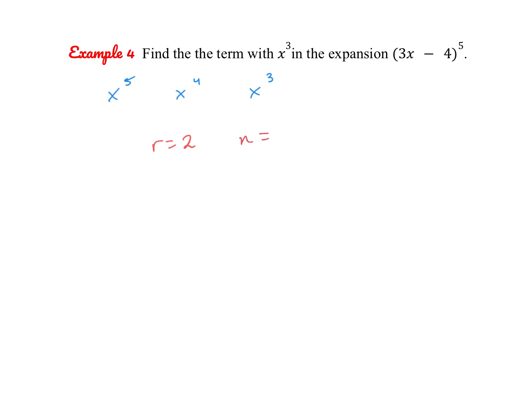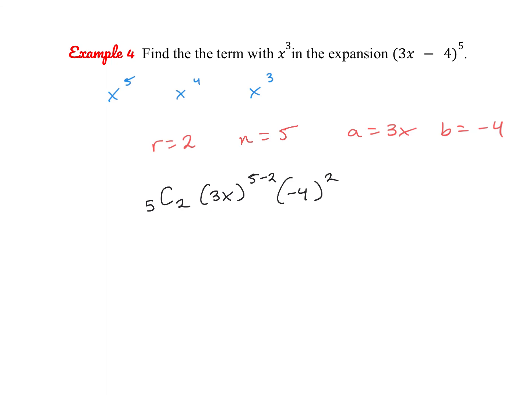And then the rest is just plugging it into our formula. We know that n is 5, our a value is 3x, and our b value is negative 4. So we're going to do 5 choose 2 times 3x to the power of 5 minus 2 times negative 4 to the power of 2.